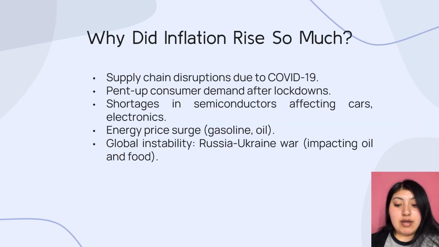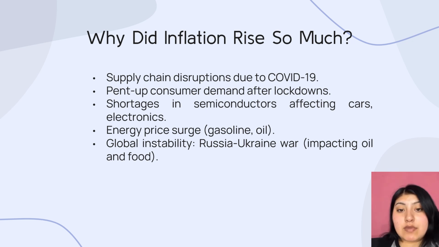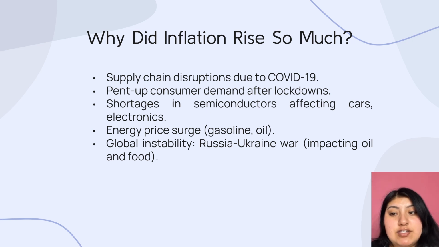Key drivers of inflation in 2021 and 2022. There were several reasons for the sharp rise. First, COVID-19 disrupted global supply chains, making many products more expensive. Second, there was a surge in consumer demand once lockdowns ended and people began spending again.